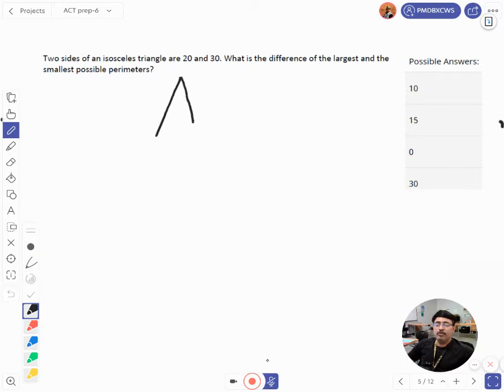There are two possibilities. Isosceles triangle means we know that two sides are equal. Suppose one side is 20, another side is also 20, and the third side is 30.